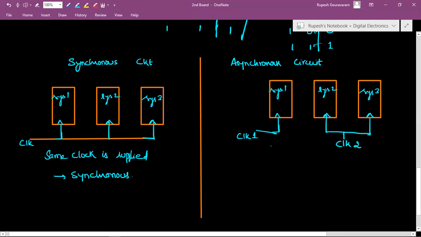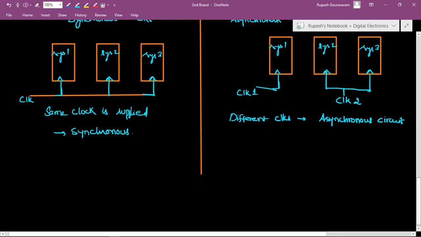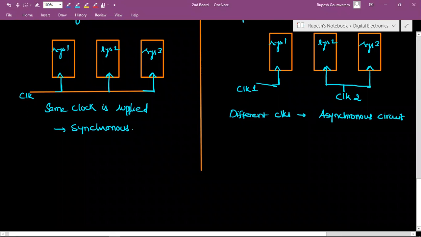So different systems have different clocks. If different clocks are present, then it will be an asynchronous circuit. Similarly, this is about the circuits. In counters also we have both kinds, asynchronous counter and synchronous counter. The given question is a synchronous counter, that means the same clock is applied to all the flip-flops.